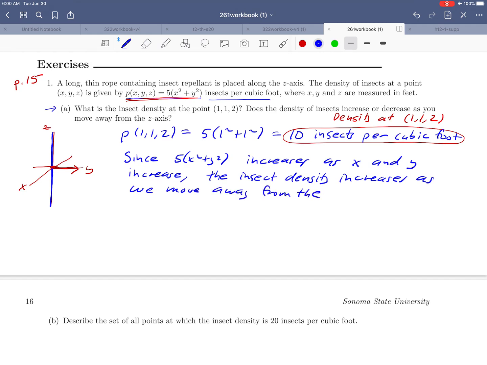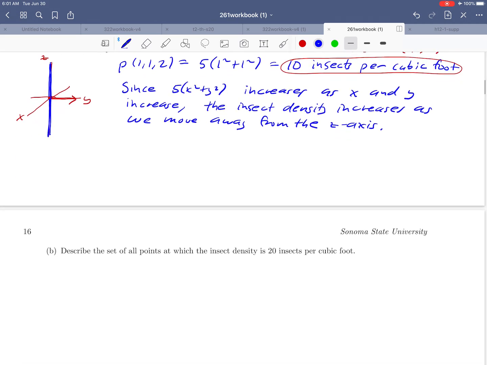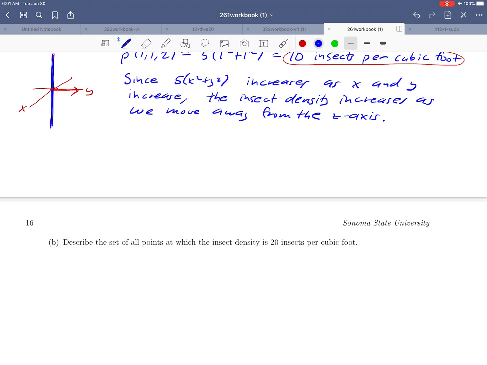Now, does that make sense practically? Just kind of logically, if you think about it, it does make some sense, because if we've got insect repellent along the z-axis here, it seems like the insect density ought to increase as we get farther away from the z-axis. So there's part A of our problem, and let's move on to part B.